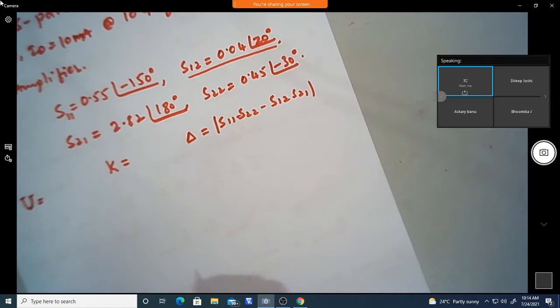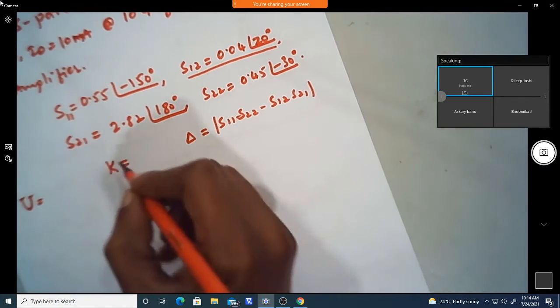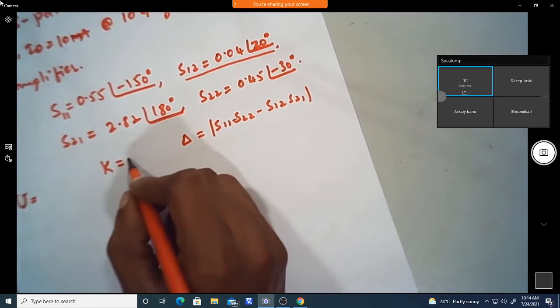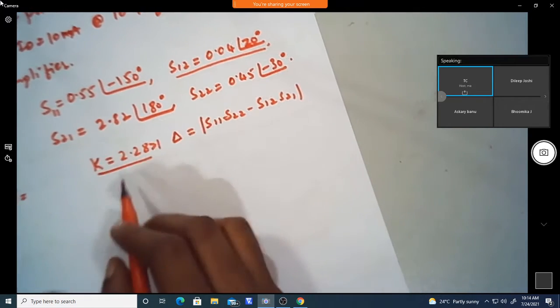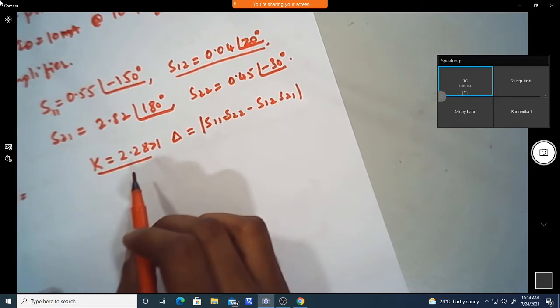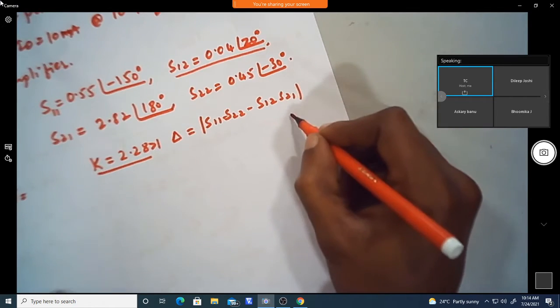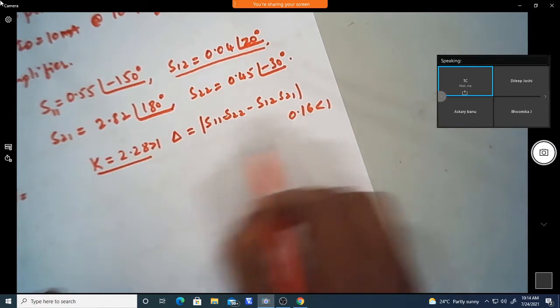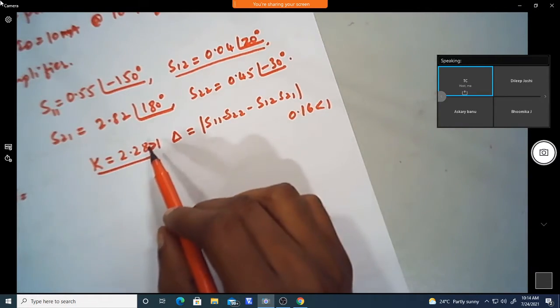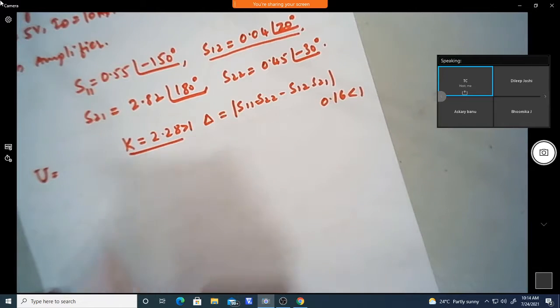For this it comes out as 2.28, which is greater than 1. Then we check the delta value, which gives 0.16, which is less than 1. From these two conditions, the given transistor is unconditionally stable.